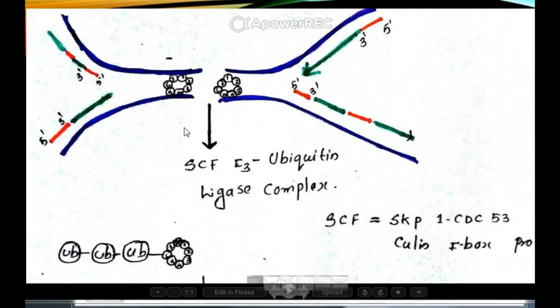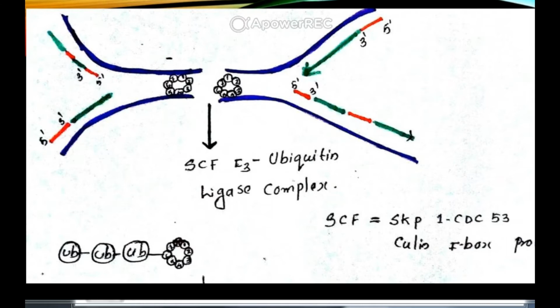Furthermore, in the lagging strand multiple primers are present, whereas the leading strand has only one primer. In the lagging strand, the polymerase continuously adds nucleotides from multiple primers.